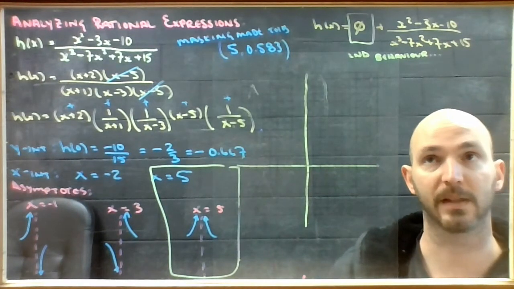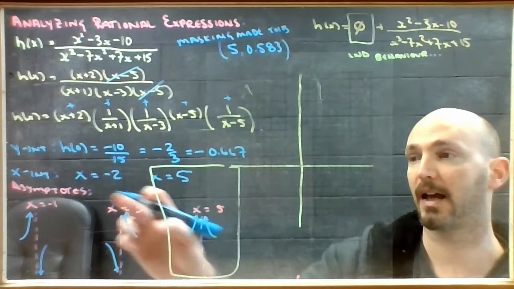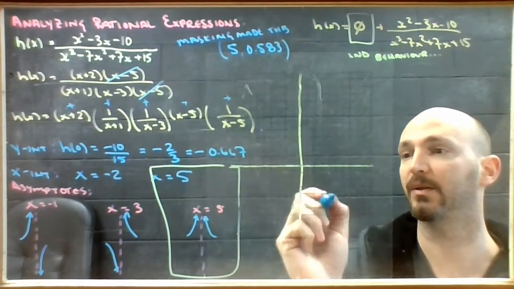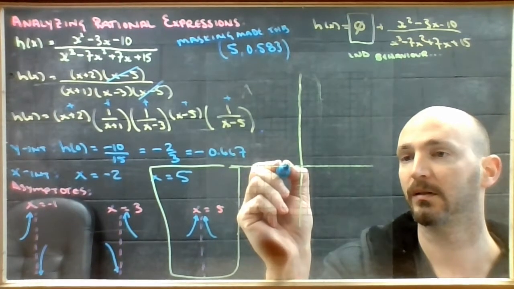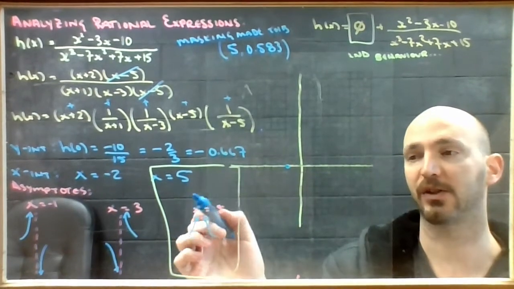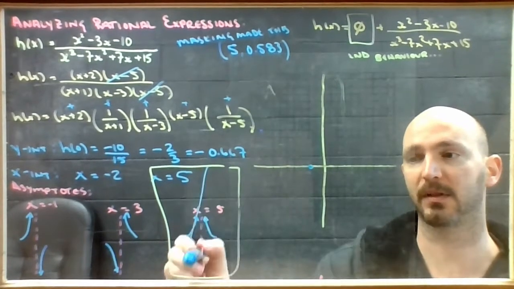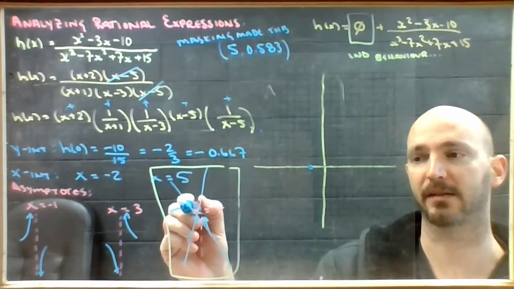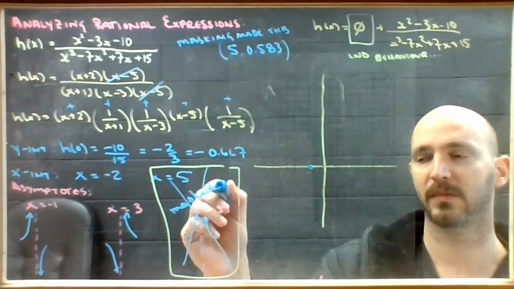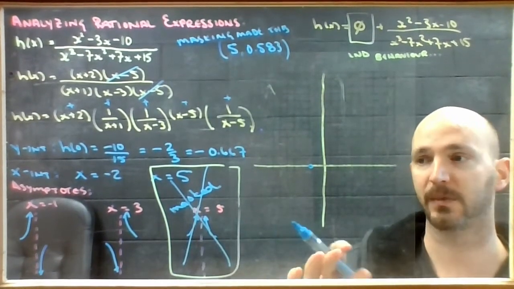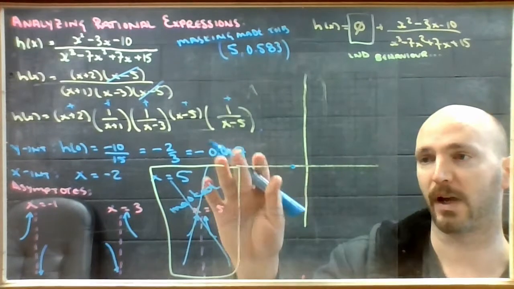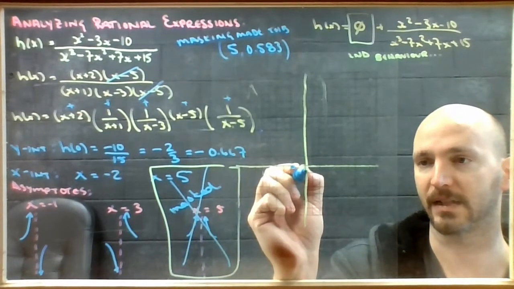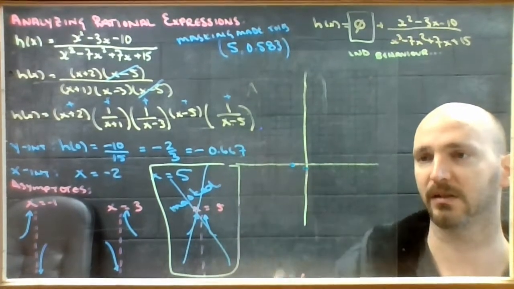Alright, so going through the list of features, I have x-intercepts at -2, and I should have one at 5, but these features ended up being masked. So I'm not going to draw them on there. I have the y-intercept at -0.667, it's about here.